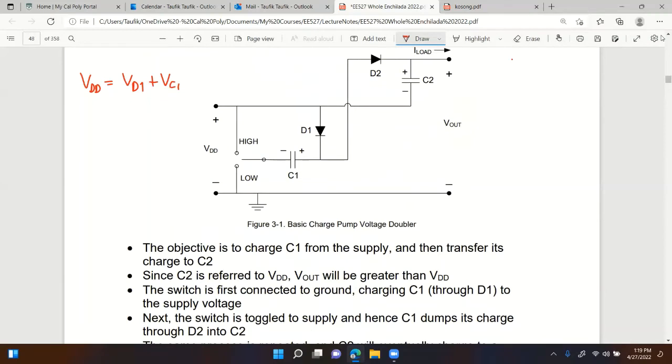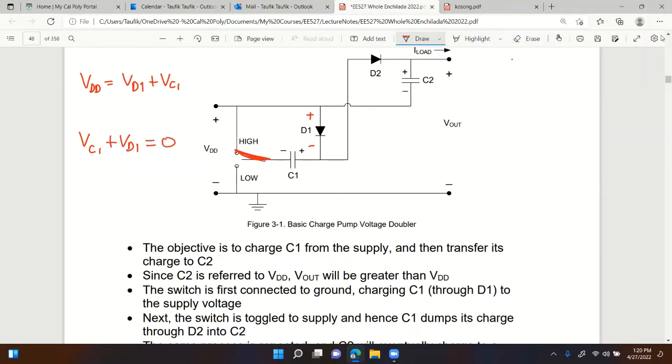When it is at the high side, right away you have this small loop. By KVL, if this is plus minus, because that's the anode and that's the cathode, VC1 plus VD1 equals 0.